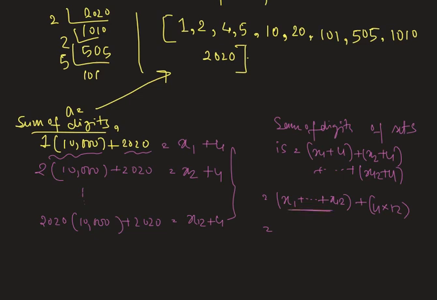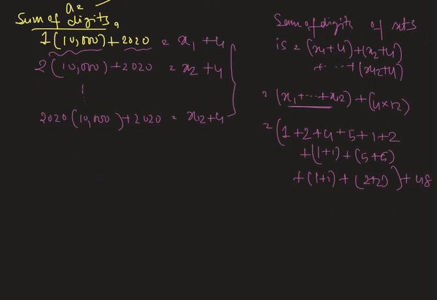And this is nothing but the sum of digits of different factors, that is 1 plus 2 plus 4 plus 5 plus, for 10 it is 1, for 20 it is 2, for 101 it is 1 plus 1, for 505 it is 5 plus 5, for 1010 it is also 1 plus 1, and lastly for 2020 it is 2 plus 2, plus 48, and this results in 45 plus 48, which is nothing but 93.